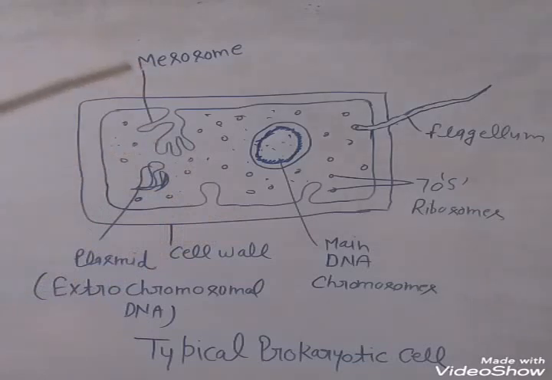Here we show that, except for mitochondria, mesosomes are present, which help in respiration. These are the coiled structures.